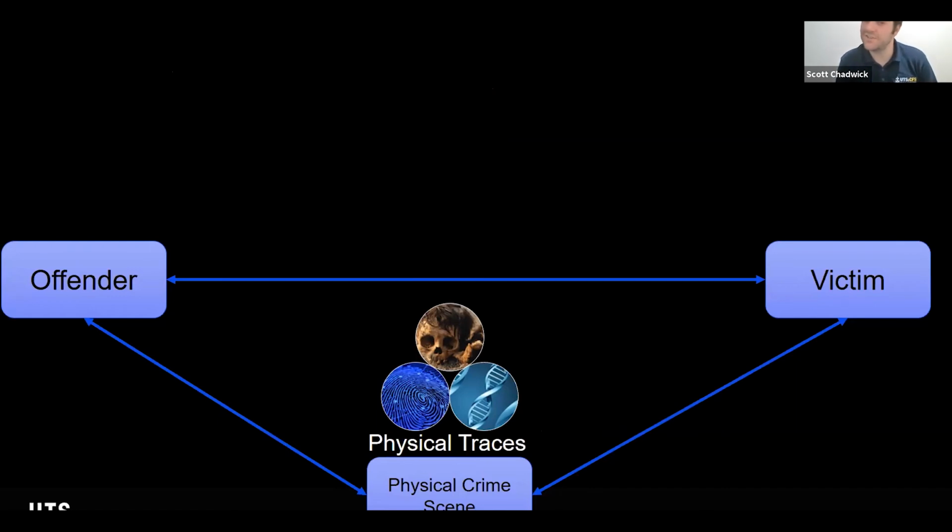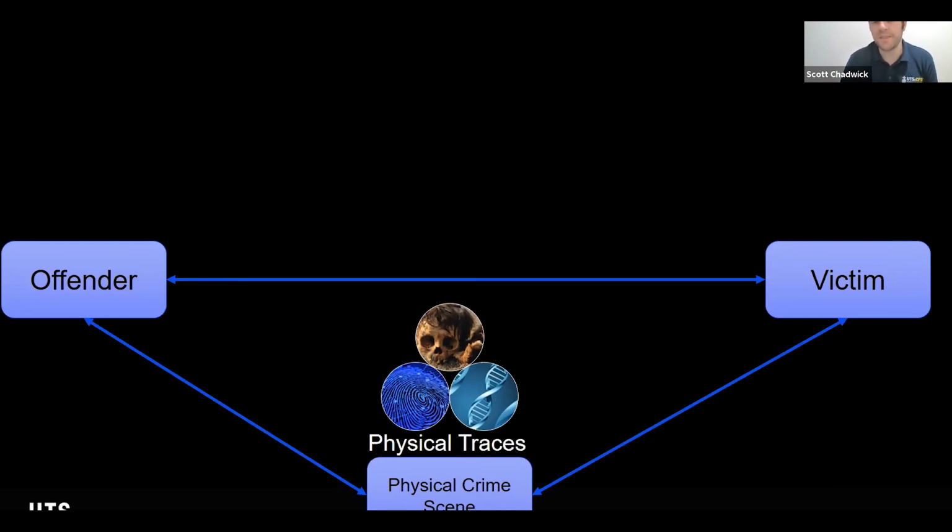These connections could be between an offender and the victim, or the offender and the crime scene, to try and put that person at that crime scene during the time of the crime. Or it could be between the victim and the offender, or the victim and the physical crime scene. Things that we would be looking for would be things like fingerprints, DNA, and any remains of a body. These are all things that we can use to make these connections.